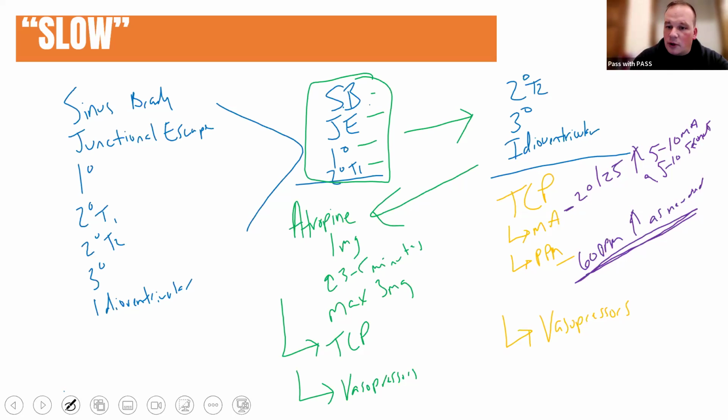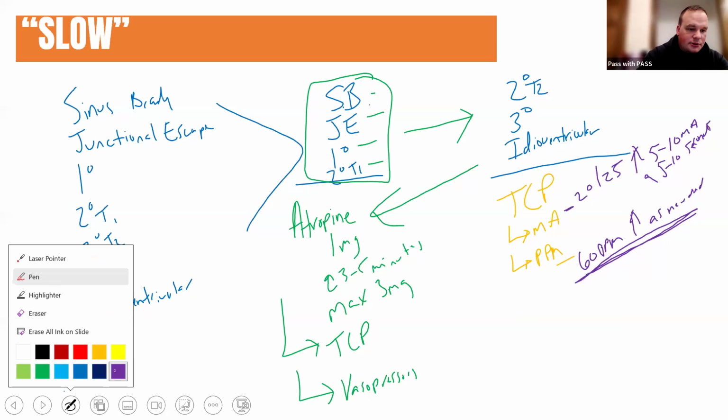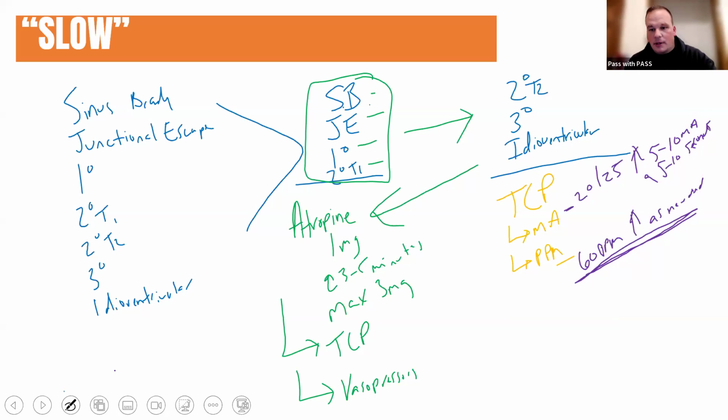Okay. So milliamps start at 20 or 25, increasing your milliamps by 5 to 10 every 5 to 10 seconds until what, right? So we are doing that until we get mechanical and electrical capture. Okay, you have to know what these mean.